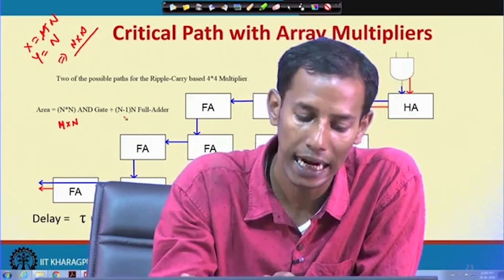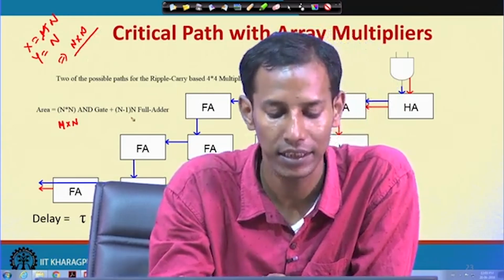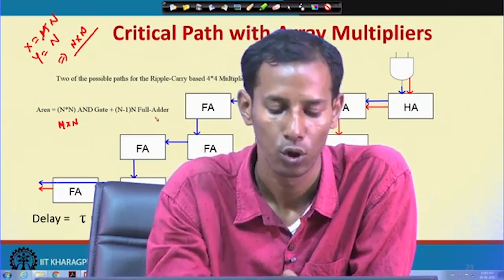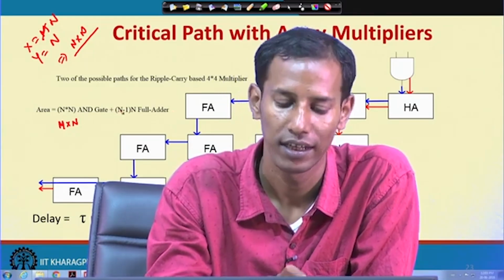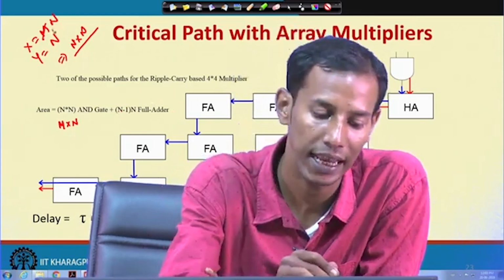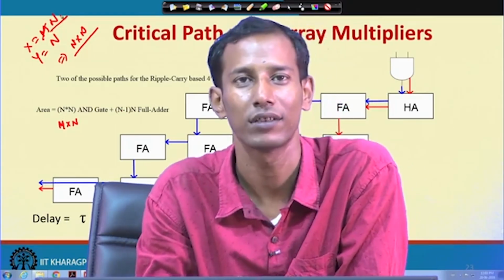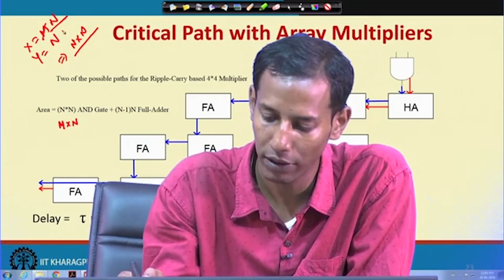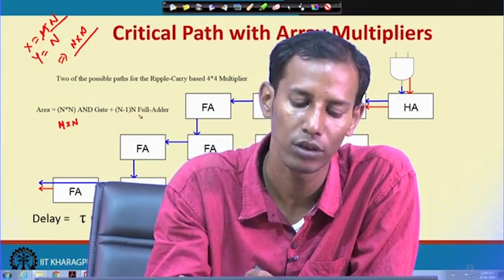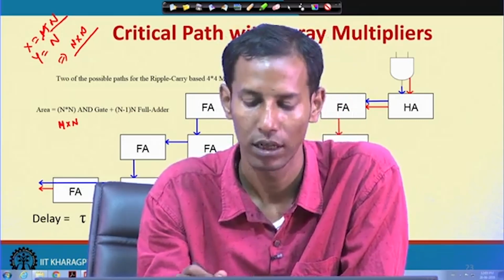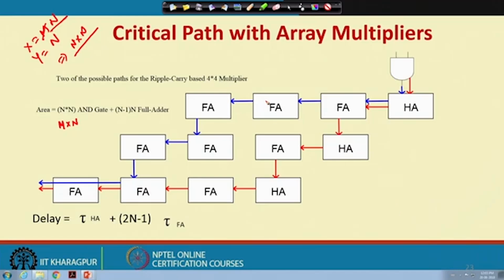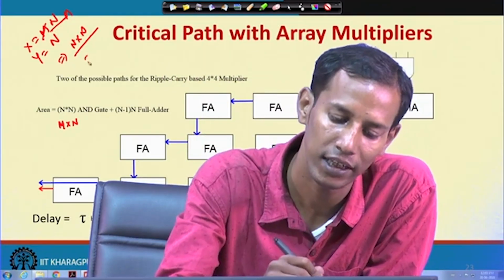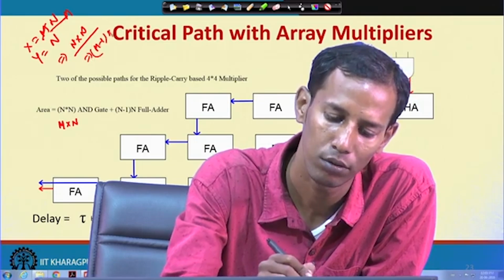And there are n minus 1 into n full adders. Why is that so? Because this is the multiplier and this is the multiplicand block, so I need n minus 1 into n full adders, as I have to add in a 2D matrix. If that is m and that is n, it will be m minus 1 into n.